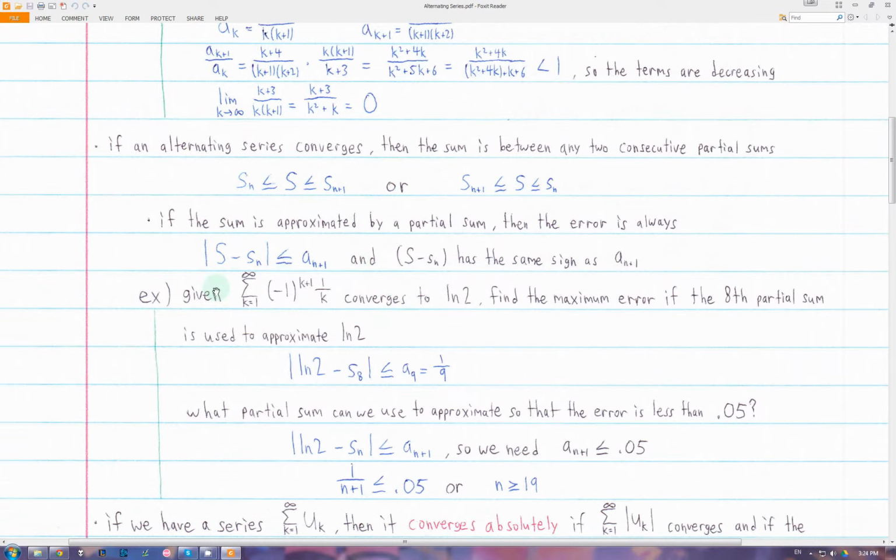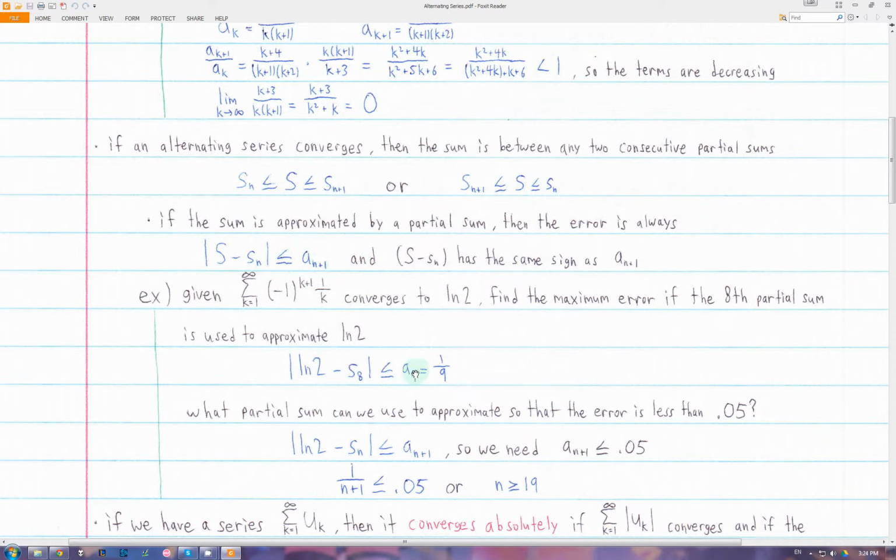So if we have this alternating series, this is the alternating harmonic series. See, it's 1 over k plus this negative 1 term. So say we use the eighth partial sum to approximate the sum of this. So what would be the error? Well, if we use the nth partial sum, the error is less than or equal to the n plus 1 term.